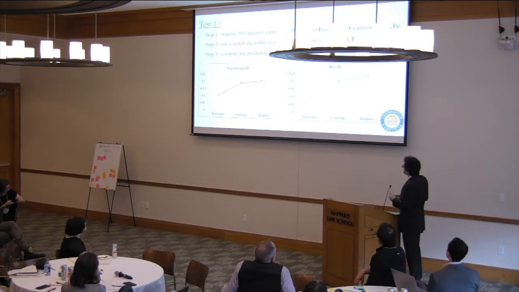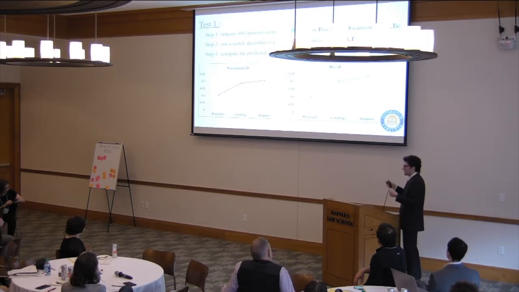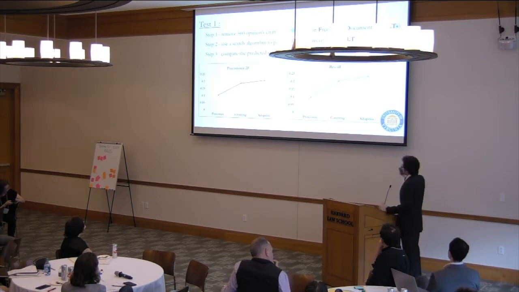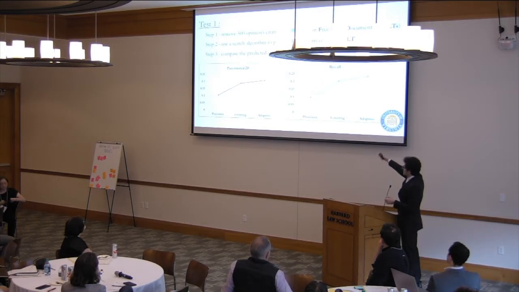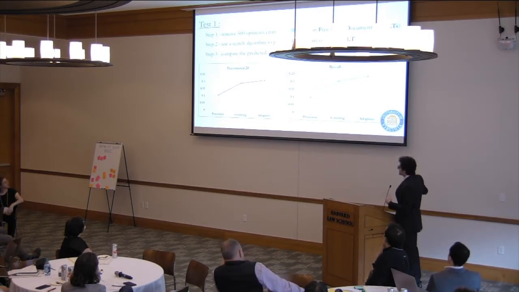We call them CFLTs, and we asked search algorithms to predict the citations of those documents, and then we compared what they predicted with the actual citations of US Supreme Court opinions, and comparing that gives us a good measure of performance. These 2 measures, precision and recall, are conventional measures in information retrieval to see how well we are doing. And as you can see, from proximity to covering to the adaptive method, which is the learning method, we are getting improvements pretty well.